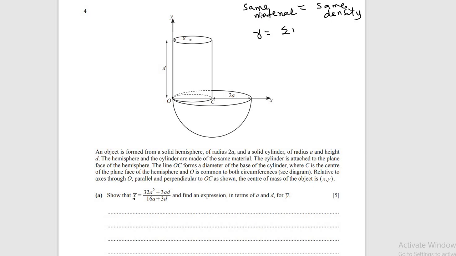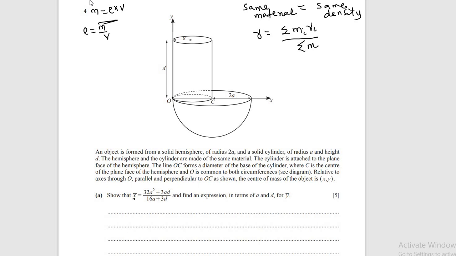The formula for center of mass will be summation of mass multiplied by center of mass all over total mass. Mass is density times volume, because density is mass over volume.